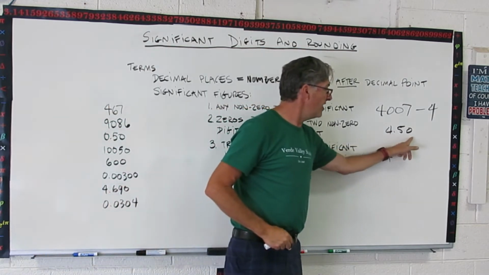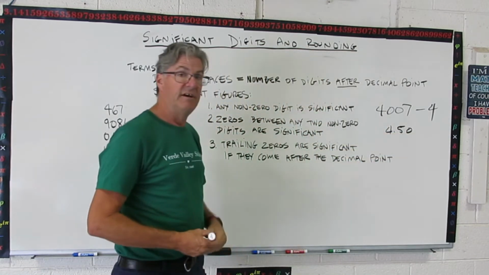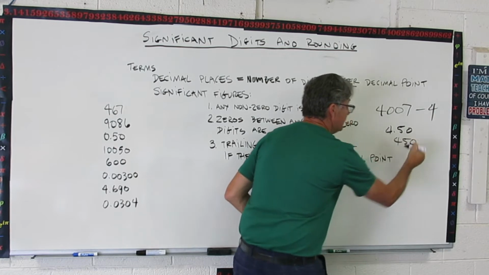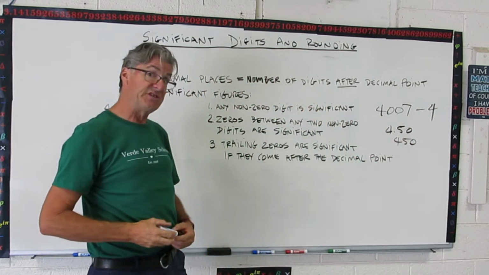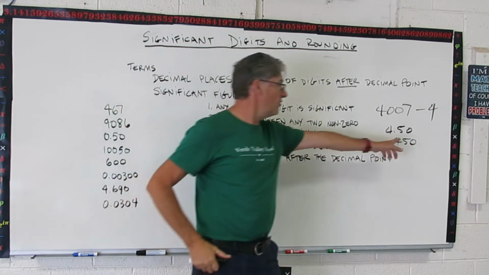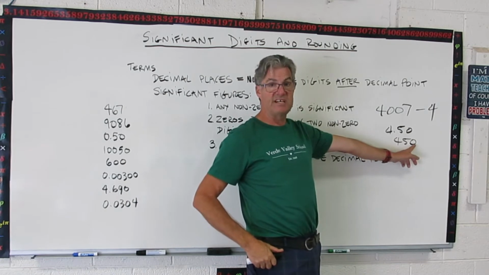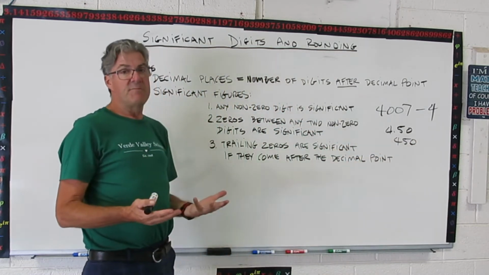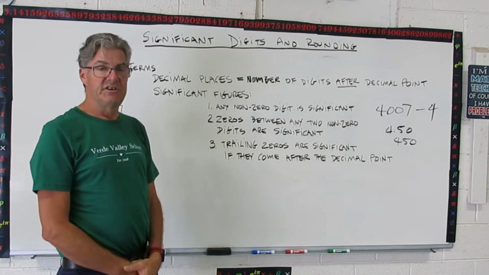It's on the right side of the decimal point. If I write the number 450, that only has 2 significant digits because this 0 is not to the right of the decimal, so it does not count as significant. So the zeros are a little bit more tricky, but I think with practice you can get there.